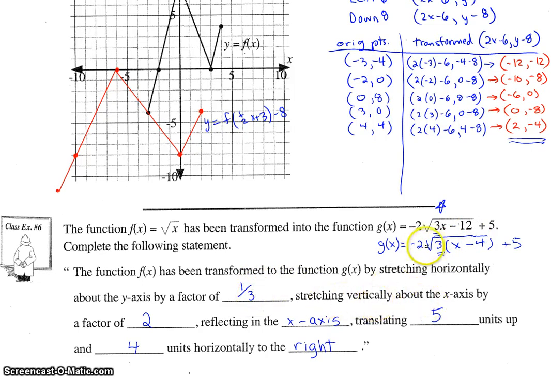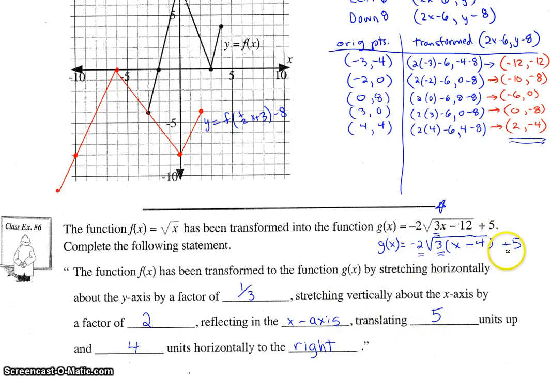Stretch vertically, so we look at the number in front of the whole function. It used to be over there with y, but that's okay. When it's over here by itself, it works normally, so it'd be stretched vertically by a factor of 2. Not negative 2. The negative is another transformation, which is the reflection in the x-axis. When you have a negative in front of y or in front of the whole function, that's reflected in the x-axis.